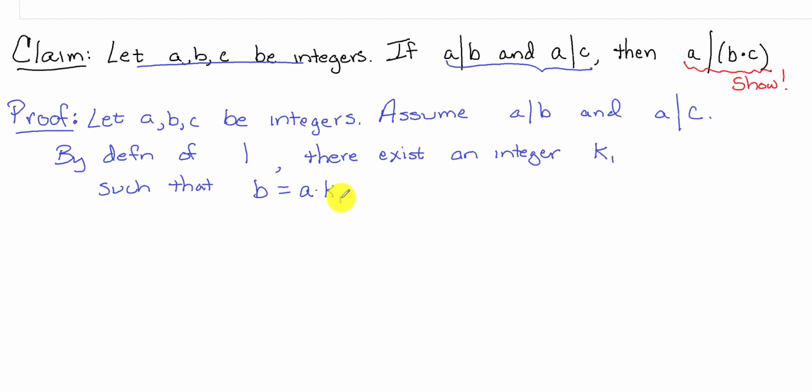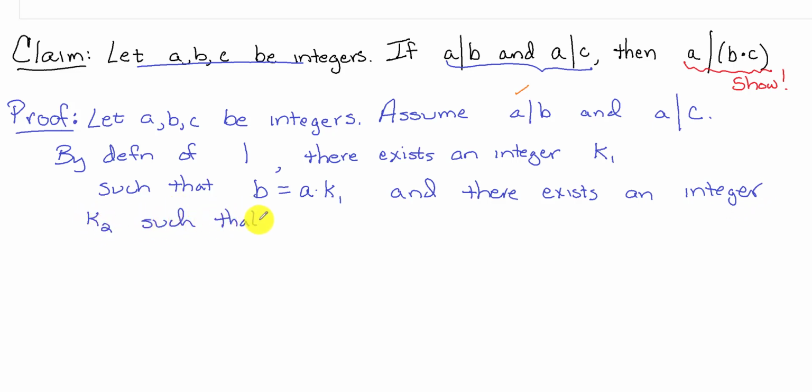And now we can do the same thing for A divides C. And there exists an integer K sub 2 such that C equals A times K sub 2.